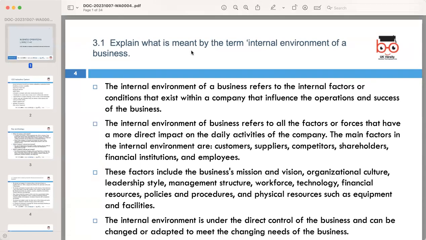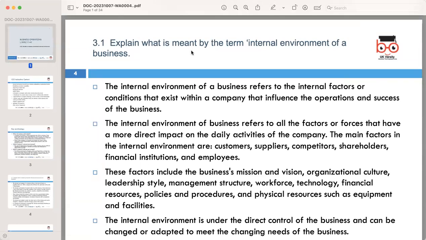Internal factors include the business mission, vision, organizational culture, leadership styles, management structure, workforce, technology, financial resources, policies, procedures, and physical resources. These factors are directly controlled by the business and can be adapted to meet changing needs.